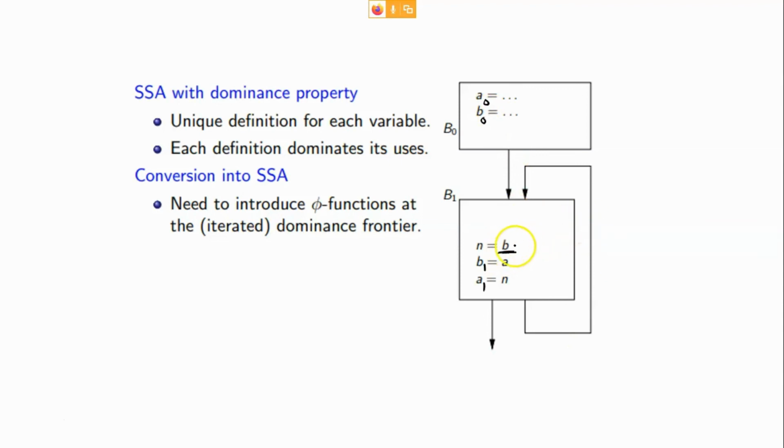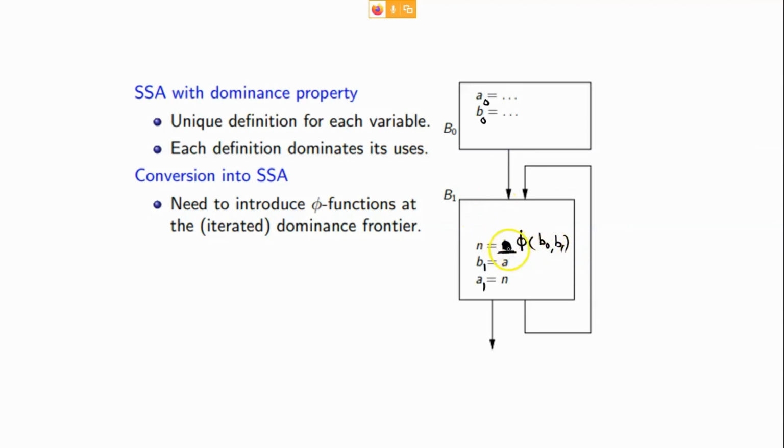So what to do? When you convert this into SSA, you remove this and you use a special function that SSA provides. This special function is called the phi function, and it takes two arguments, B0 and B1: phi(B0, B1). Why?